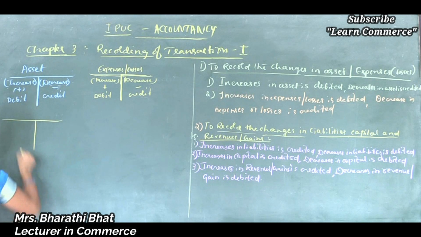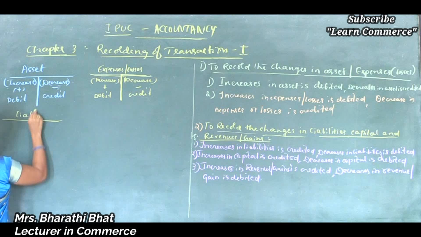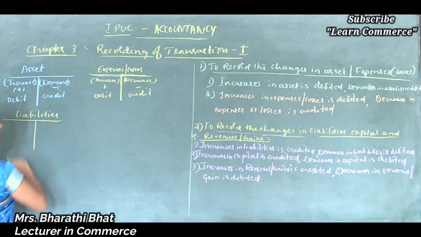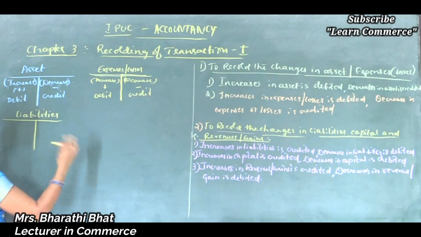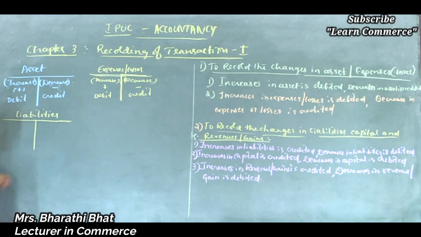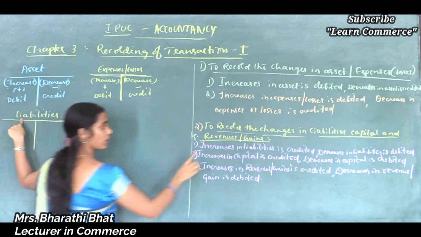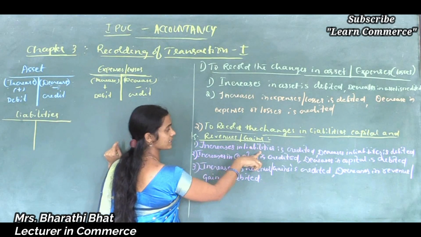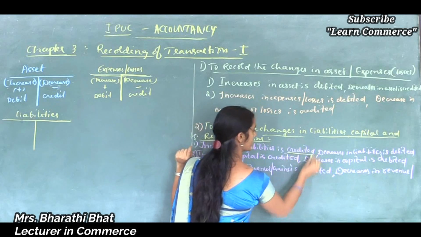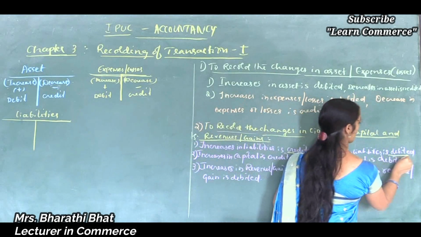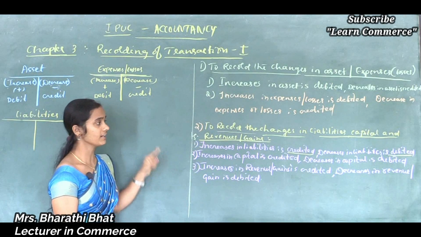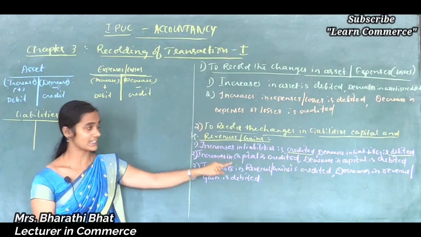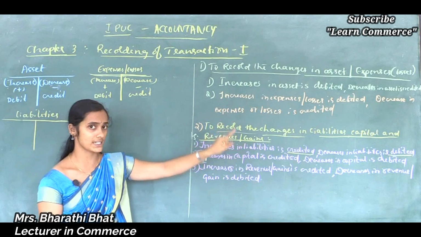Next one is liabilities. Left debit, right credit. See, liabilities, what is the rule for liability? Increases in liabilities is credited, decreases in liability is debited.